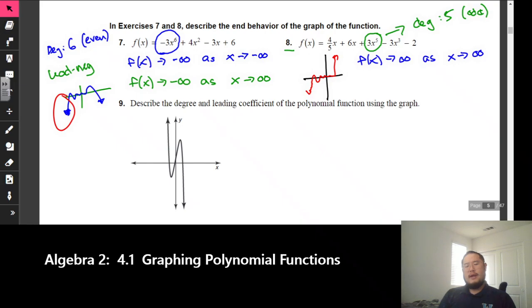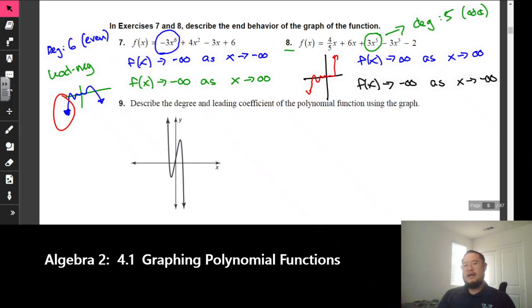Because we're going to the right, it means it's going towards positive infinity as far as x. The function will be going up. For the left-hand side, the function is going downwards. So we're going to say it's going to lead to negative infinity as x, we're going to the left right there, which is negative infinity as well. And so there is number 8.